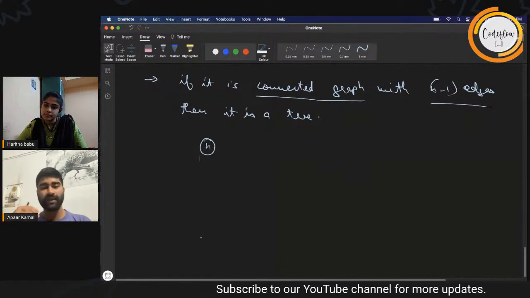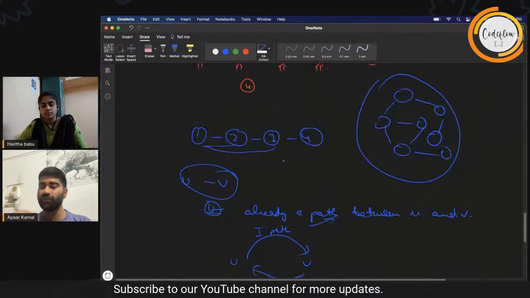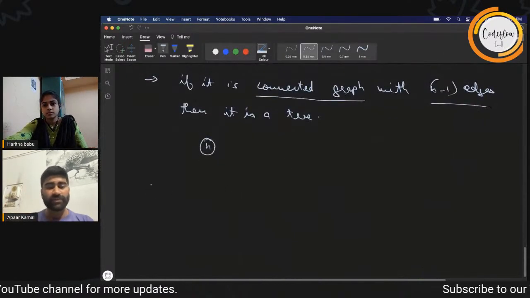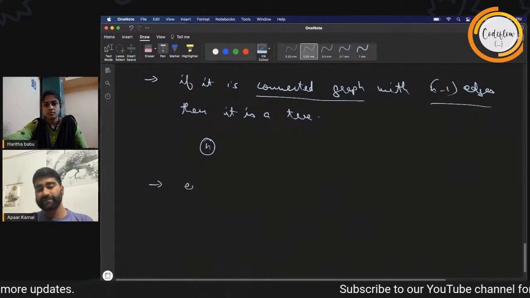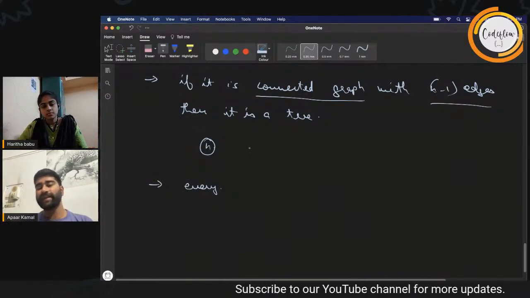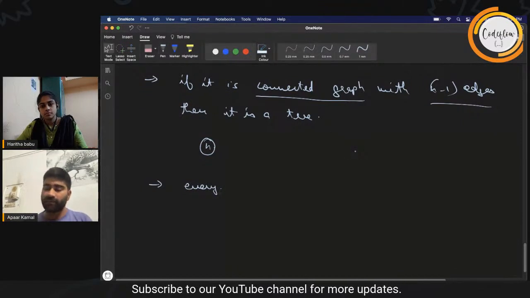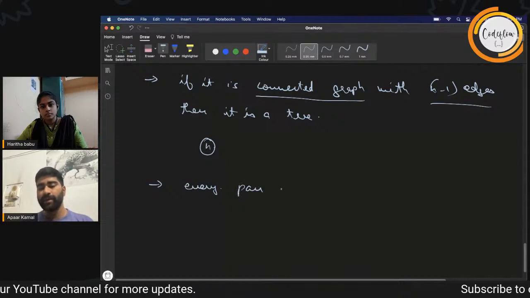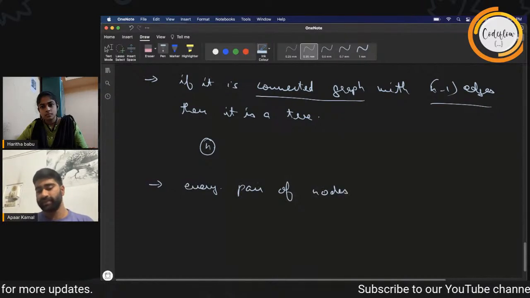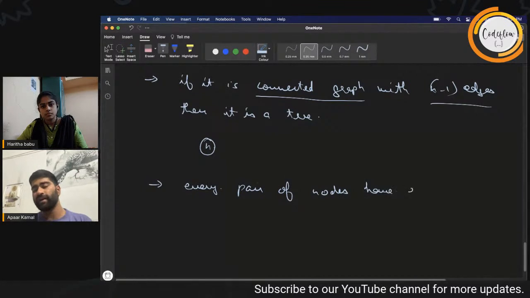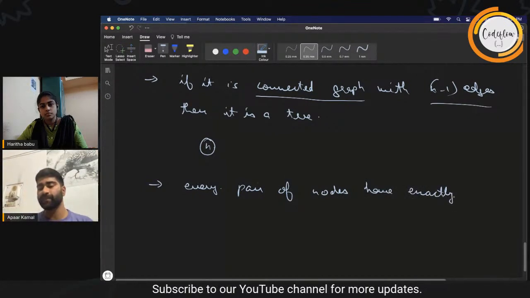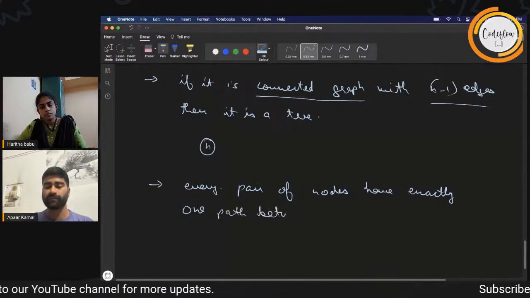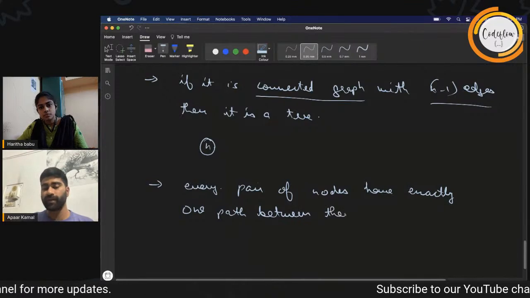Now let's move on to the third definition of trees. Let's understand a few more properties of trees so that we can redefine trees. So the third definition is that, instead of saying connected graph with no cycles or connected graph with n minus 1 edges, we can directly say that every pair of nodes or vertices has exactly one path between them, right?